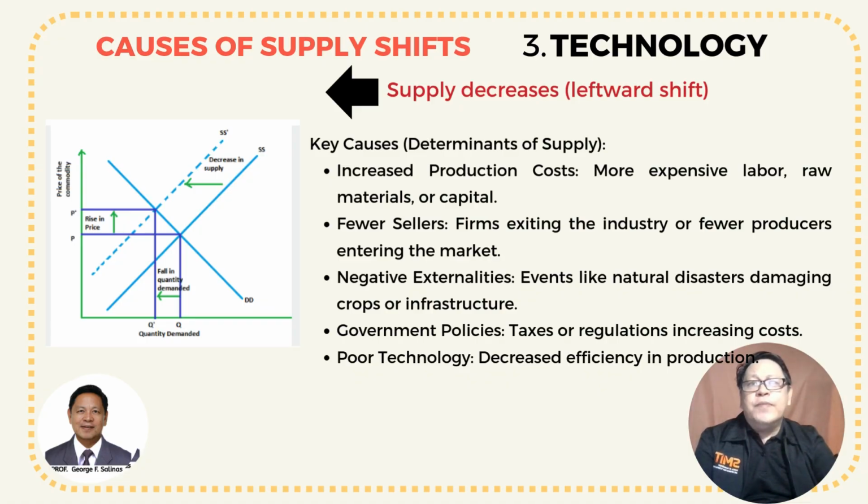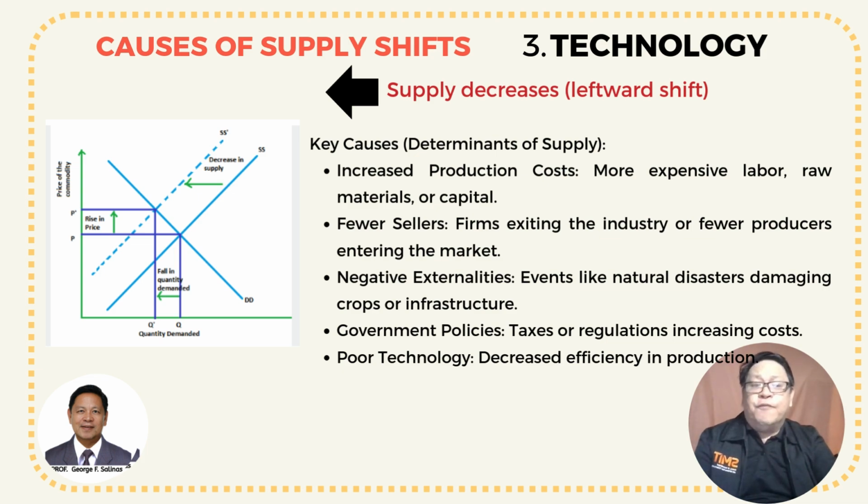Also, another one is the geopolitical events disrupting supply chains, which prevents the movement of goods from one point to another. These can significantly reduce the supply.